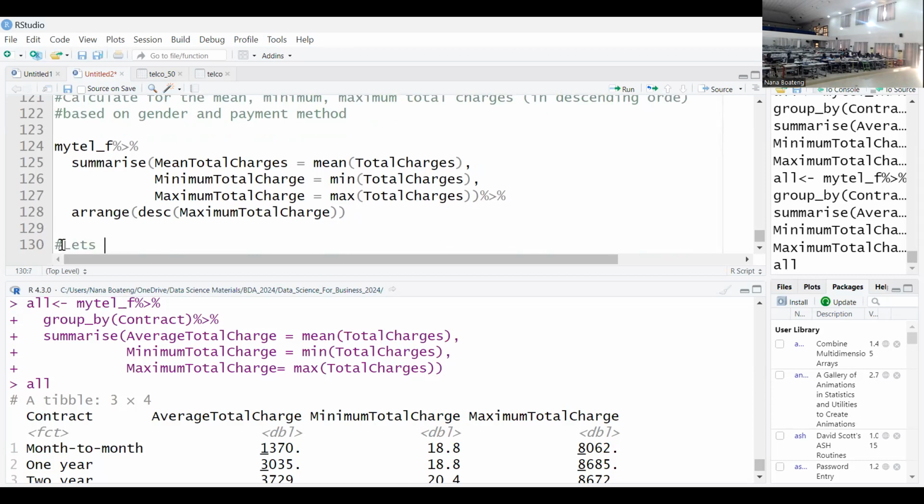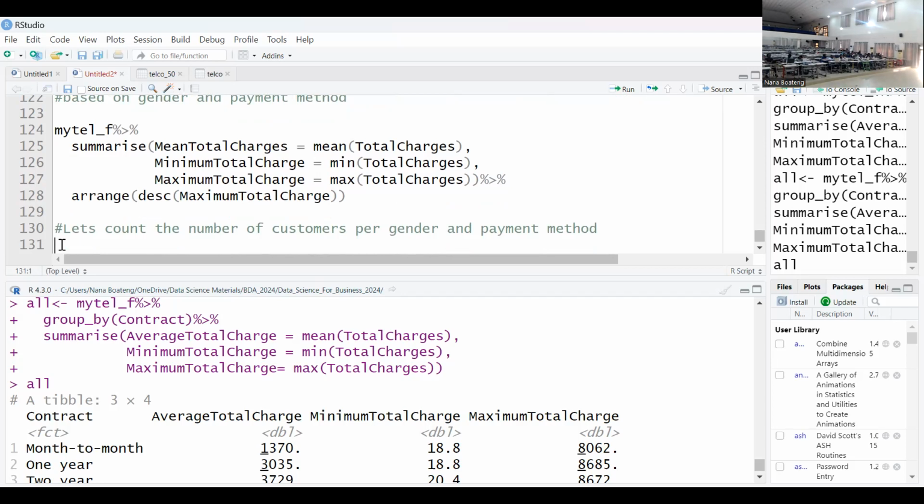So here we can use mytel count. Okay, and then let's take mytel, the one that has been factorized.